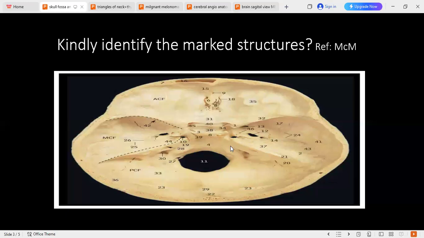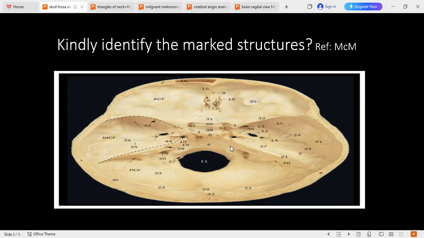At first, the transverse sinus at 23, and also the superior and inferior petrosal sinuses around 20 and the other one near 27.